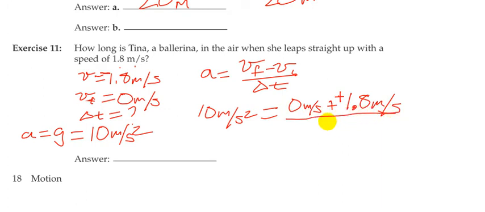So we can do that over delta t. What we want to do is isolate the delta t. So we multiply both sides by delta t and divide both sides by 10 meters per second squared.